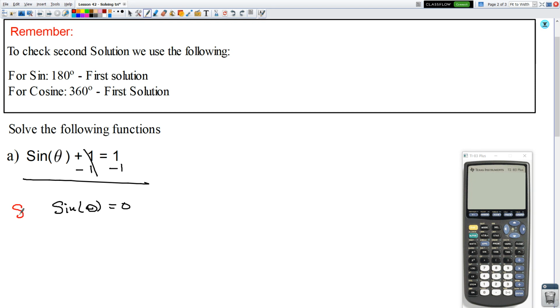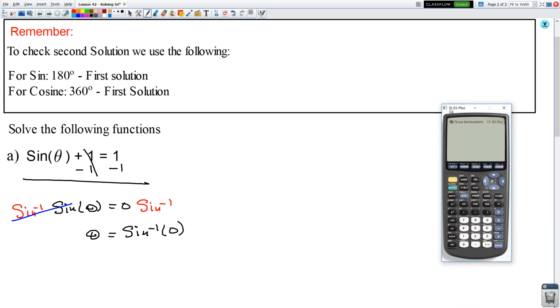So let's apply the inverse function, because once we do that, the sines cancel, and now you get theta by itself. So this is saying that theta is equal to the sine inverse of 0. It might look difficult, but this is something that you can plug in the calculator.